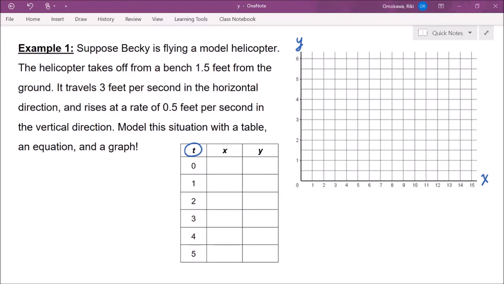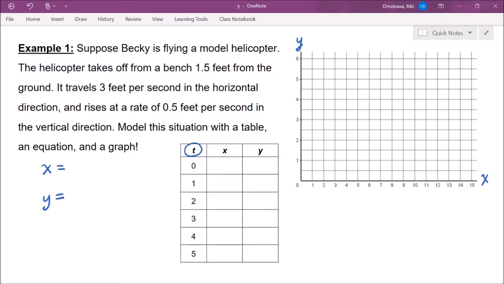And an important thing to know about 2D motion is that often you can think of the horizontal movement and the vertical movement independently, as in separately from each other. So we'll come up with an equation for the horizontal movement, as in the x position equals an equation. And then separately, the vertical movement, so a separate equation, y equals.